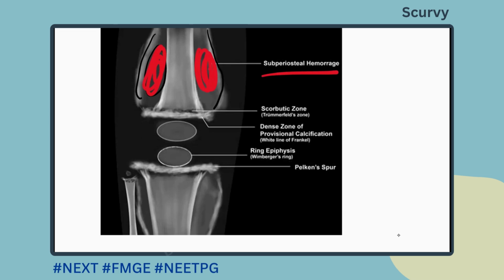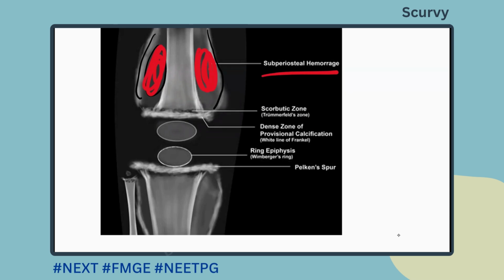The innermost layer is called tunica intima. Then you have tunica media, then tunica adventitia. In tunica intima, there is a basement membrane, and that basement membrane is made up of collagen. If that collagen is not formed properly, the endothelium gets weakened, and blood will come out of the blood vessels. So that causes these kinds of hemorrhages.